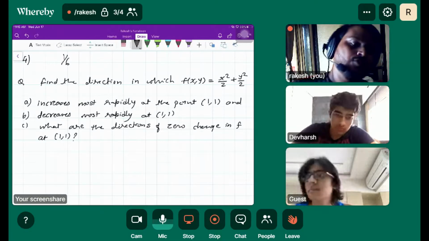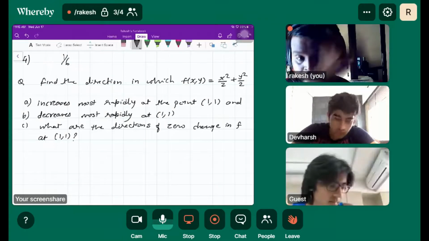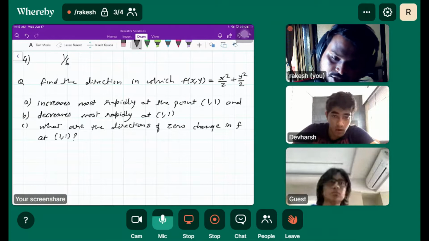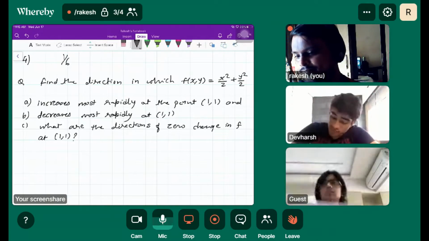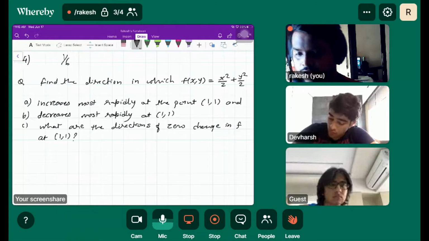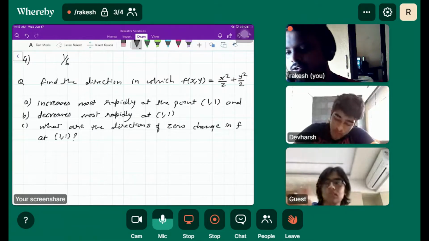Okay, so this is basically the application of what we have been doing. I had asked one question on this application part. It was related to some temperature question, I think, cold and hot, right?